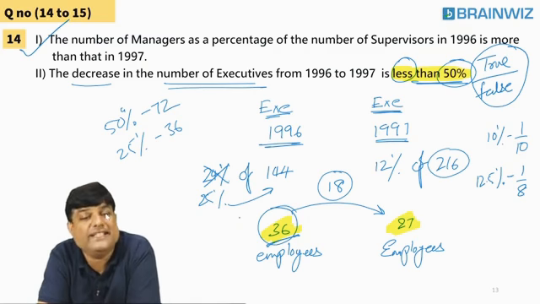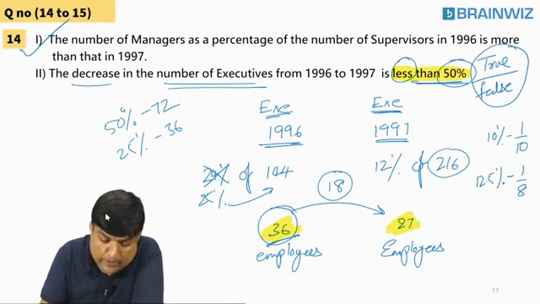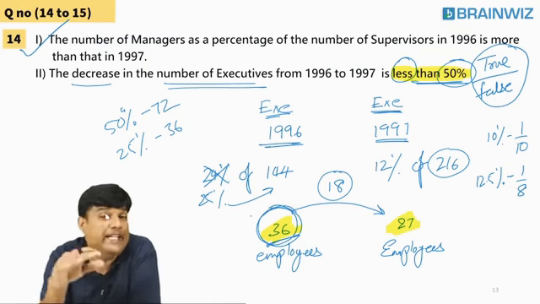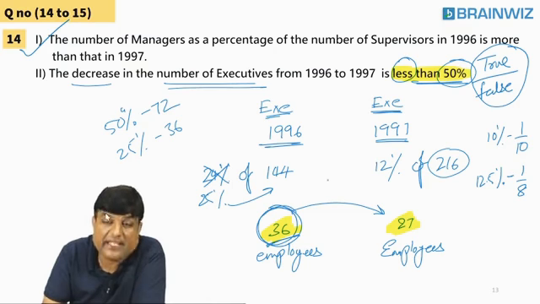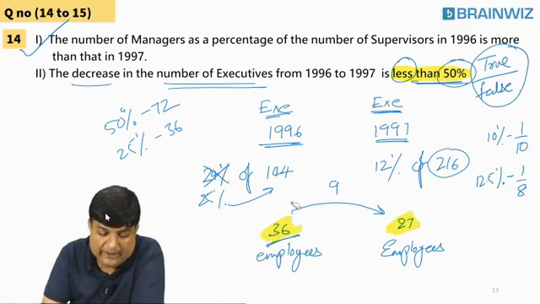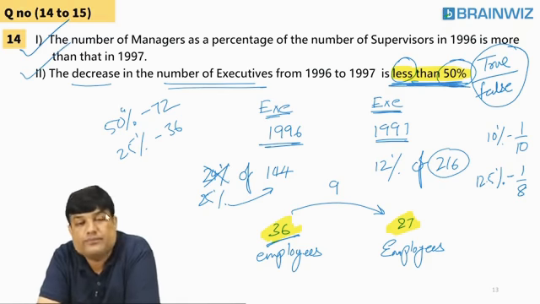What is 18 out of 36? 18 out of 36 is 50%. So it means 50% left the factory. But practically it is 9, not 18. Does it mean it is 50%? No, sir, it's less than 50%. Is it satisfying? Yes. This is also true.